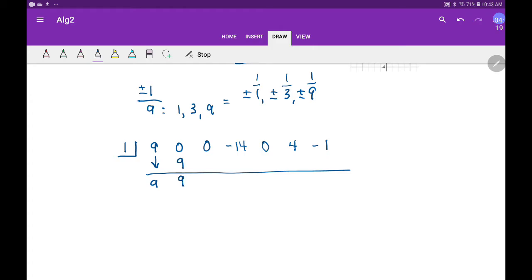I add 9. 1 times 9 is 9. I add again, 9. 1 times 9 is 9 again. Negative 14 and 9, they're going to fight, and I'll have negative 5 left over. 1 times negative 5 is negative 5, plus 0 is negative 5, times 1 is negative 5. I get negative 1 times 1 is negative 1, which gives me negative 2.